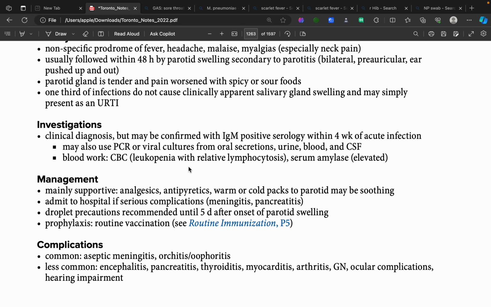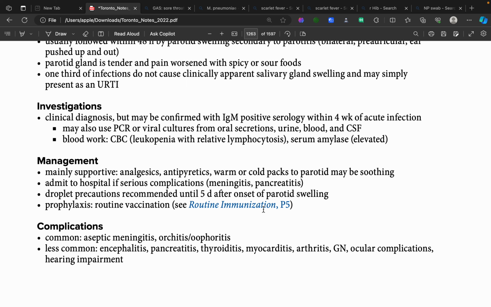So the management, mainly supportive management, analgesics, antipyretics, warm or cold packs to the parotid may be soothing. Admit to the hospital if serious complications like meningitis and pancreatitis. That's why we are testing the serum for amylases. So amylases can be elevated because one of the complications is pancreatitis.